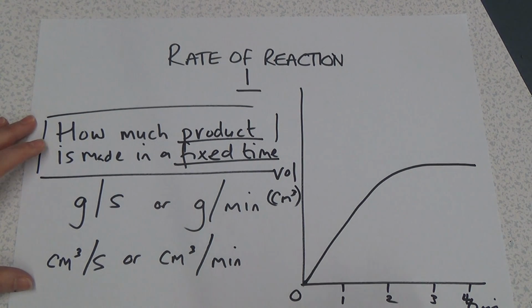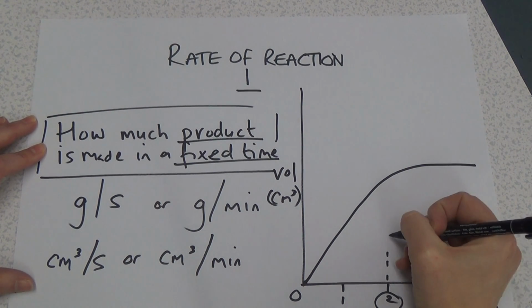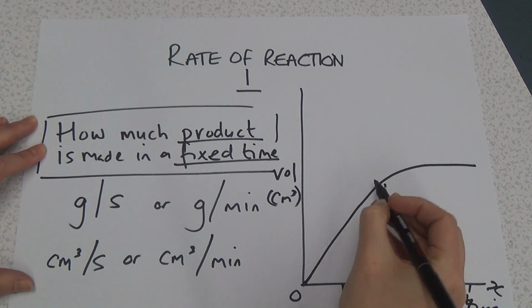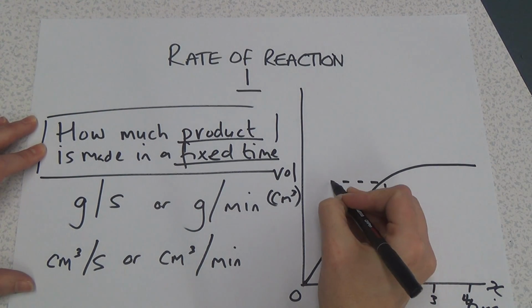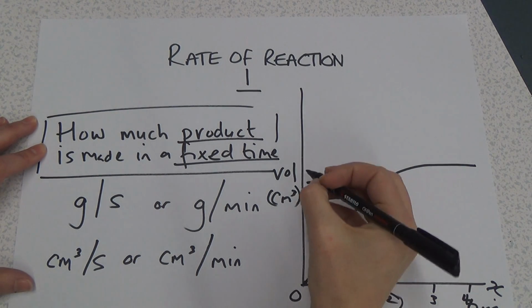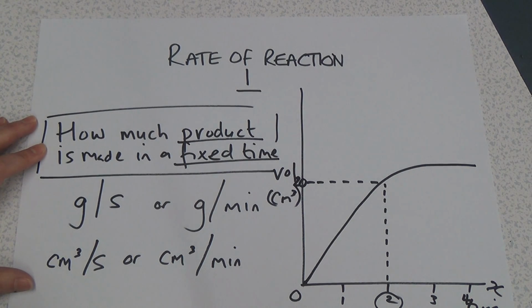Well, the first thing you do is you find your 2 minutes on your x-axis. You draw a line in the exam using a ruler, please, up to where the line is, and then you draw the line across to the volume. So that will give us a volume produced in 2 minutes. Now let's just say that that volume happens to be 20 centimetres cubed.